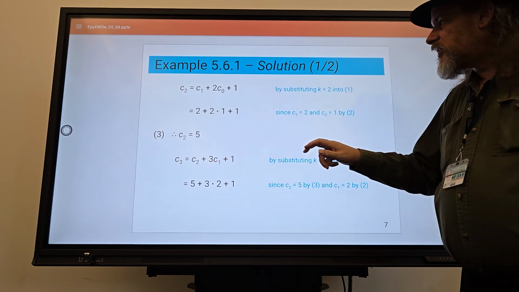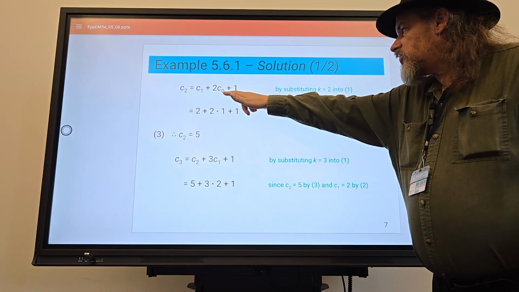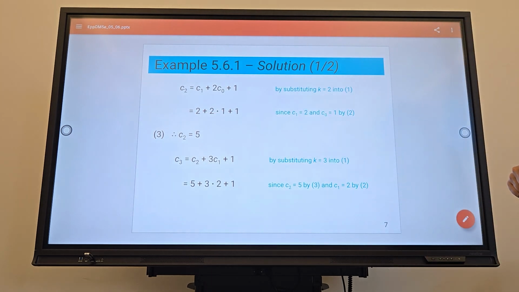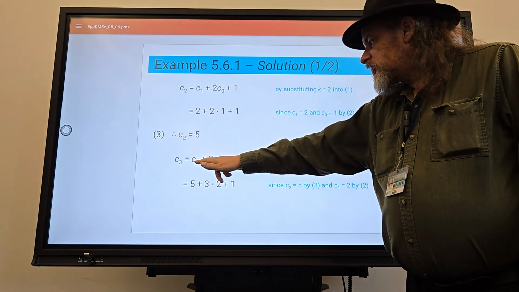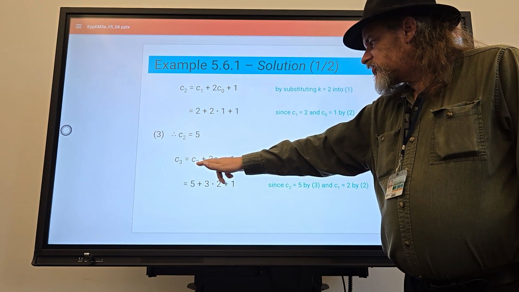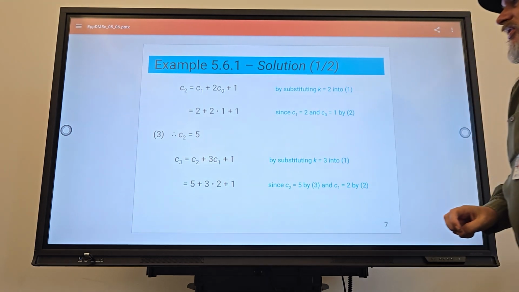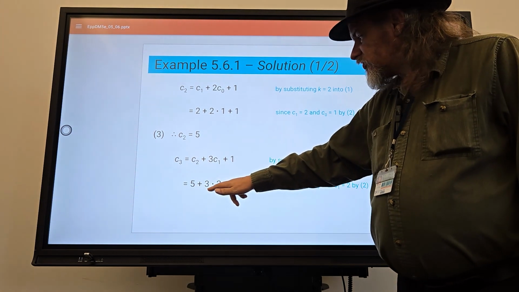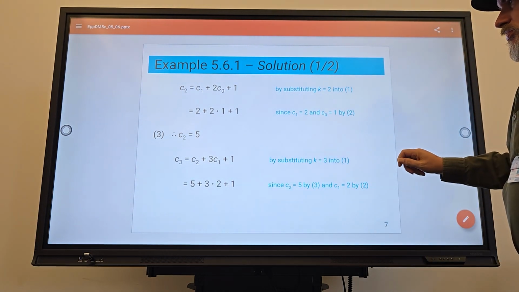So by substitution, with c1 and c0 there, you get c2 equals 5. With c3, substitute c2 for c of k minus 1, and c1 for c sub k minus 2, and you would get 5 plus 3 times 2 plus 1, which would be 31.